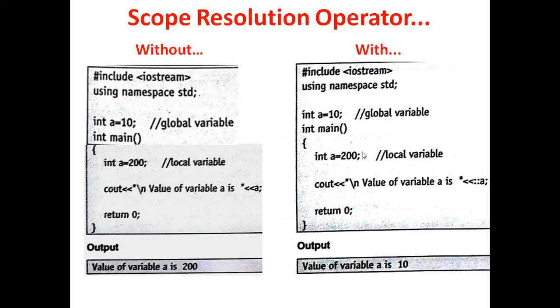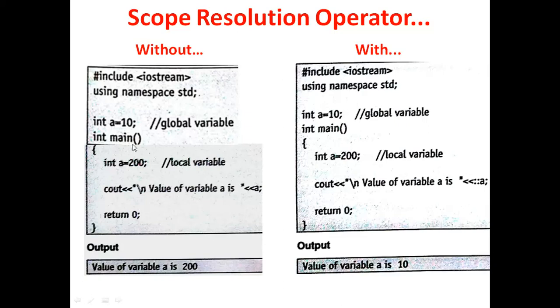So this is the example of scope resolution operator. Here I have written the same program with scope resolution and without scope resolution. First of all, we'll see without scope resolution. Here I have declared one variable a is equal to 10, which is declared initially.